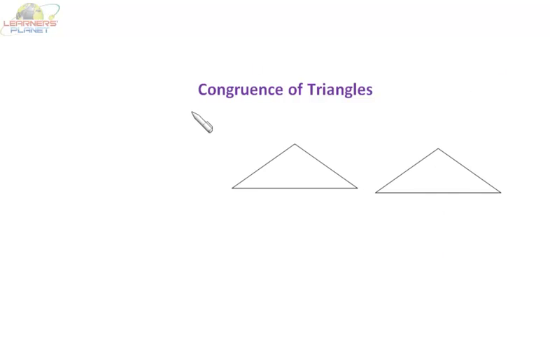Now, suppose I'm having these two triangles over here. Maybe this is triangle ABC, and this is triangle PQR. For these two triangles to exactly coincide with each other, all their parts must be respectively congruent. That means line segments AB, AC and BC should be congruent to line segments PQ, PR and QR respectively.